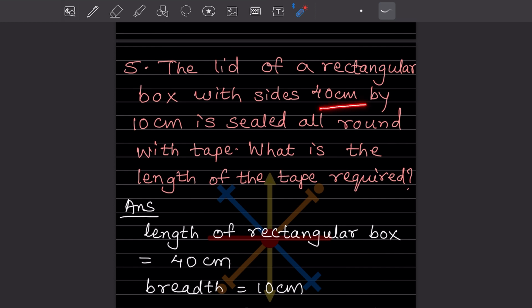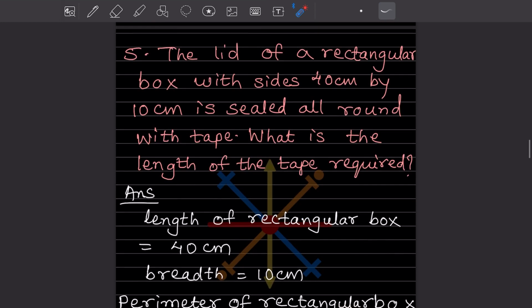When they say 40 centimeter by 10 centimeter, the length is 40, whichever is bigger is the length, and the breadth is 10. Again, I said breadth is nothing but the width. In some places they write width, so you don't have to be confused.